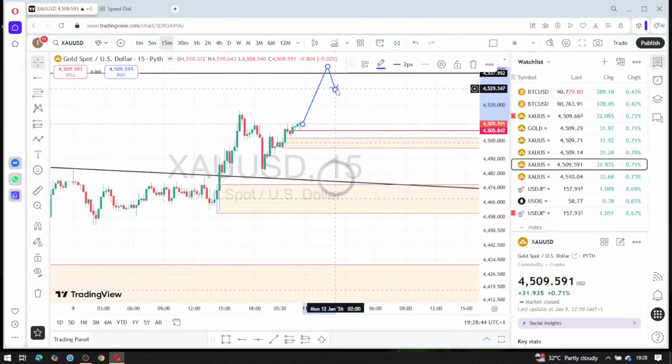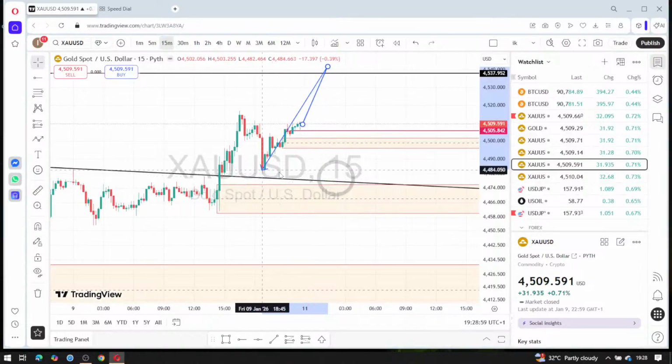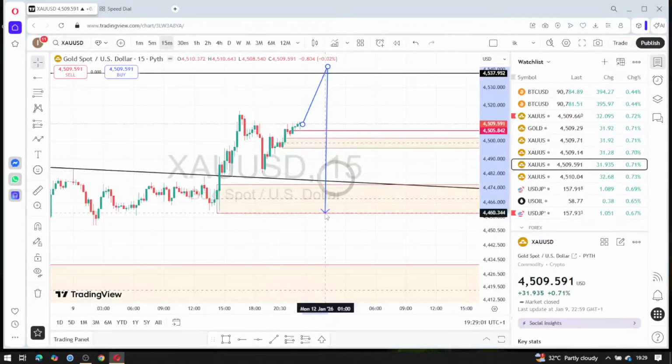But for conservative traders, what you will need to do is allow it to show change of character by taking out the low, let's assume this place is the low. It takes it out, and after it did this, it goes back and retests the order block that caused the change of character.